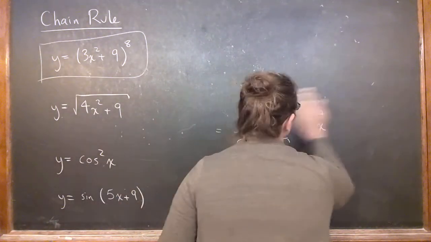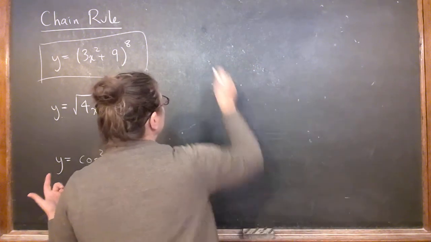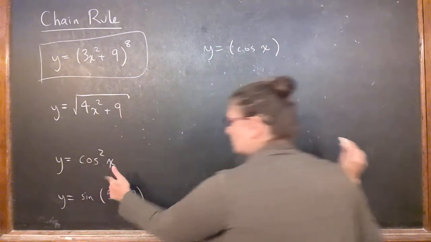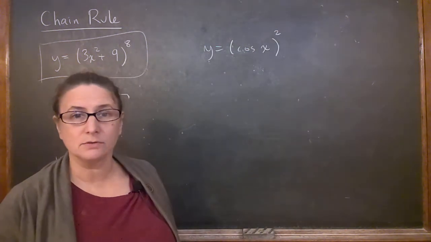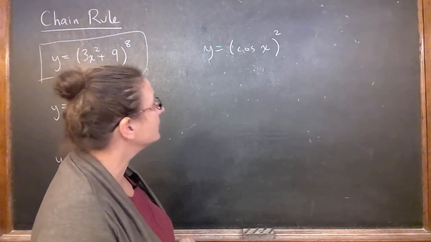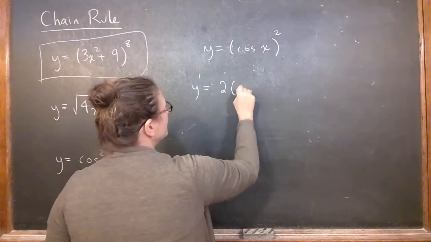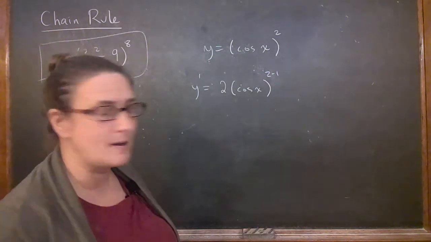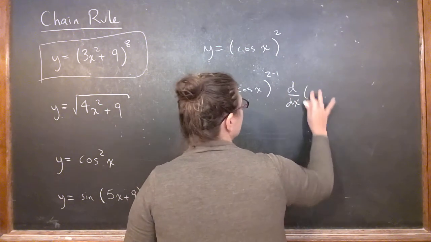So cosine squared x, now we have also fairly similar. I do want to remember when I have cosine squared x written this way, it means (cosine x) squared, right? So my outer function here is the square. So y prime would be 2 times cosine x, to the 2 minus 1, so it's just to the power of 1, times the derivative of the cosine of x.